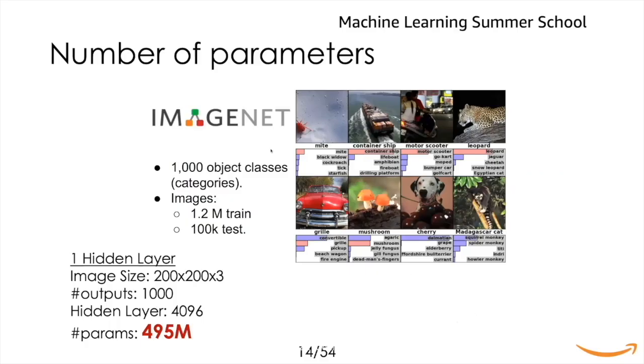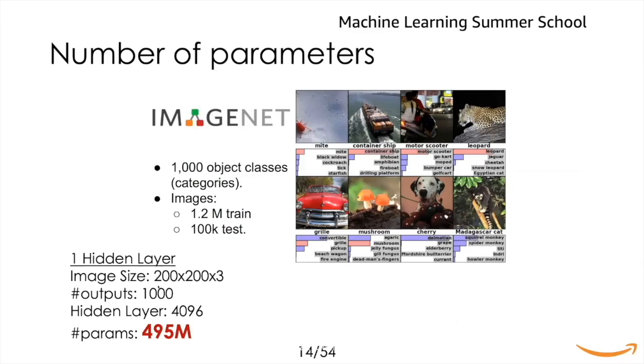ImageNet is a very popular open source database which is used in the ILSVRC competition, which is held annually. It has 1,000 different classes of objects, a rather large training set of 1.2 million images and a 100K test set. Now consider classifying on this database.